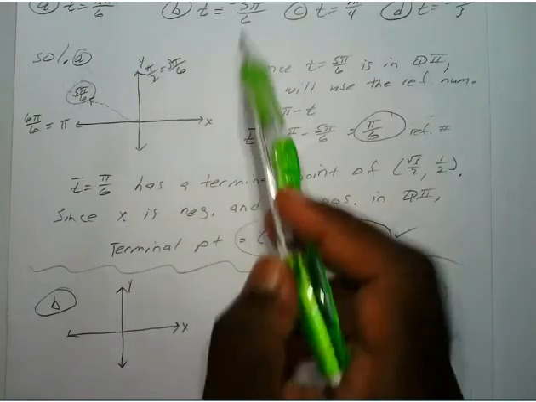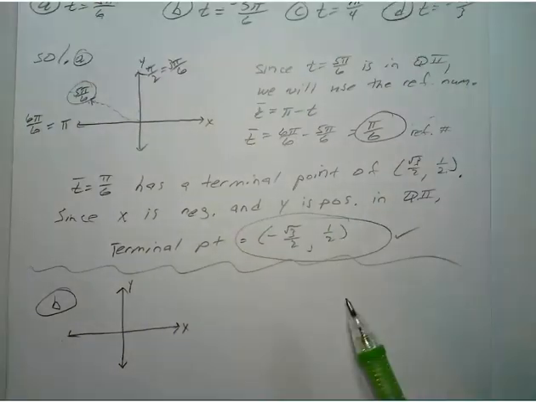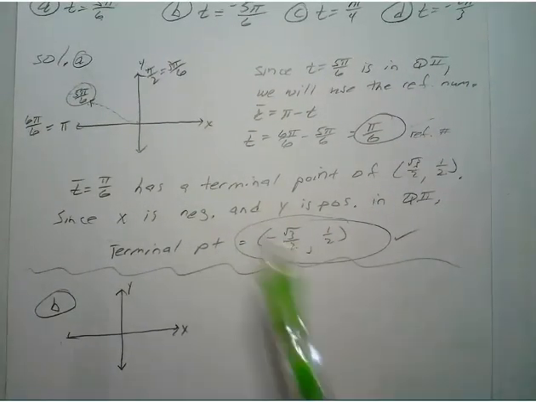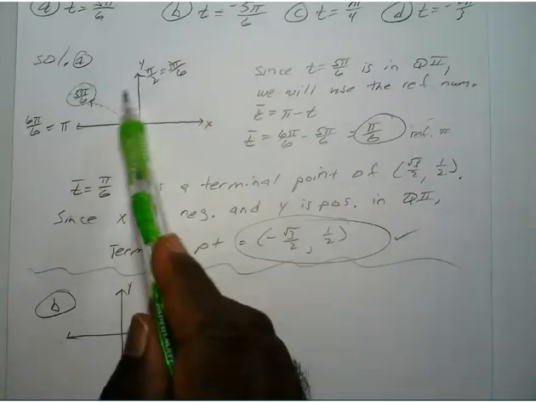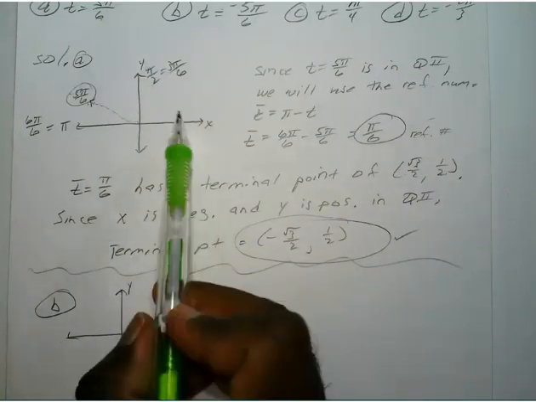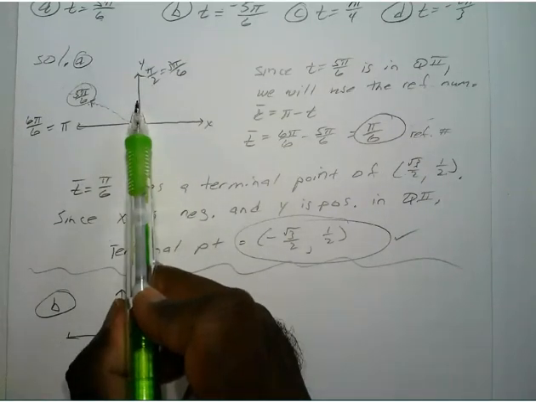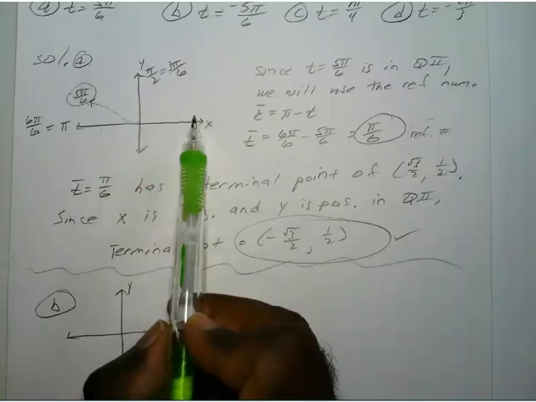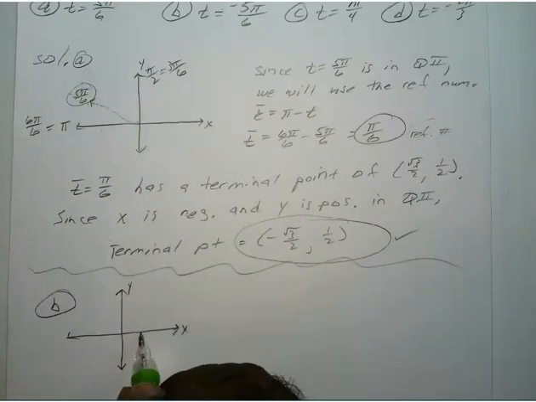Okay, now if you notice, this is negative. You have negative 5π over 6. When it's positive, you go counterclockwise. When it's negative, you go clockwise. Okay, so remember, instead of going π over 2, π, 3π over 2, 2π, we're going to go this way now because it's negative.